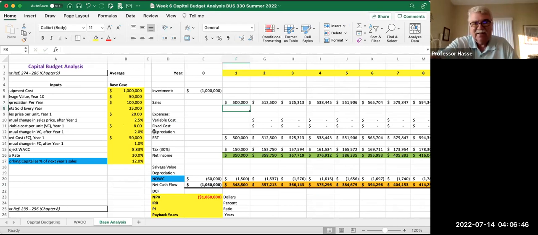As you can see, the inflation rate is 2.5% for this revenue sales price. That means the sales price after year one will increase by 2.5%. And as you can see, that's what it's done. So the spreadsheet automatically takes the sales in year one and multiplies it times 1.025, 2.5%. And now we've covered for inflation for the life of this project.